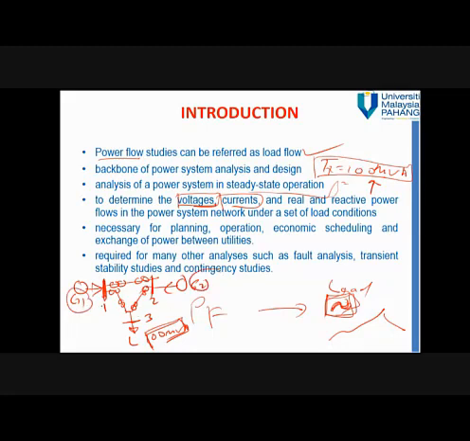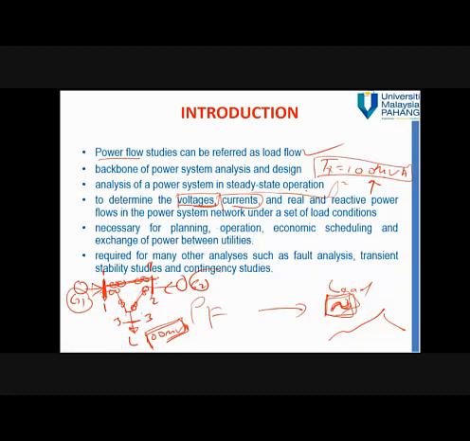So based on this situation, we have to calculate voltages at bus bar 1, bus bar 2, bus bar 3, and then we have to calculate current flow in this branch, 1 to 2, 2 to 3, and 1 to 3. Okay. Current, and then also power flow.